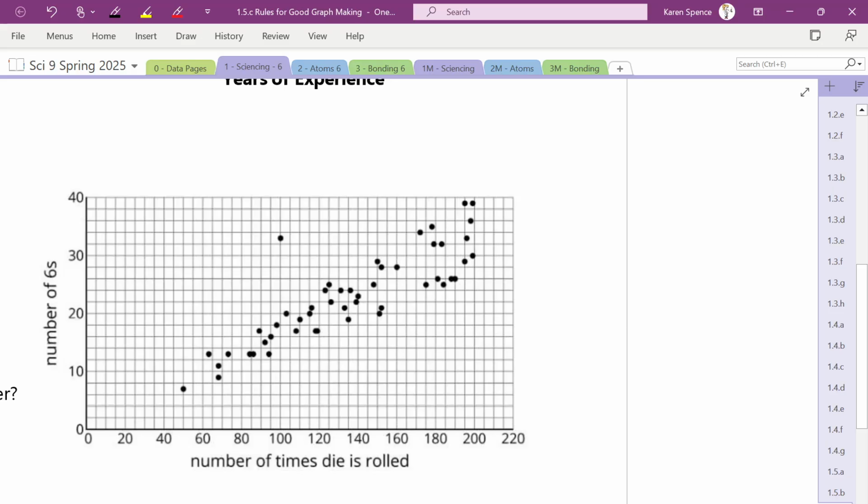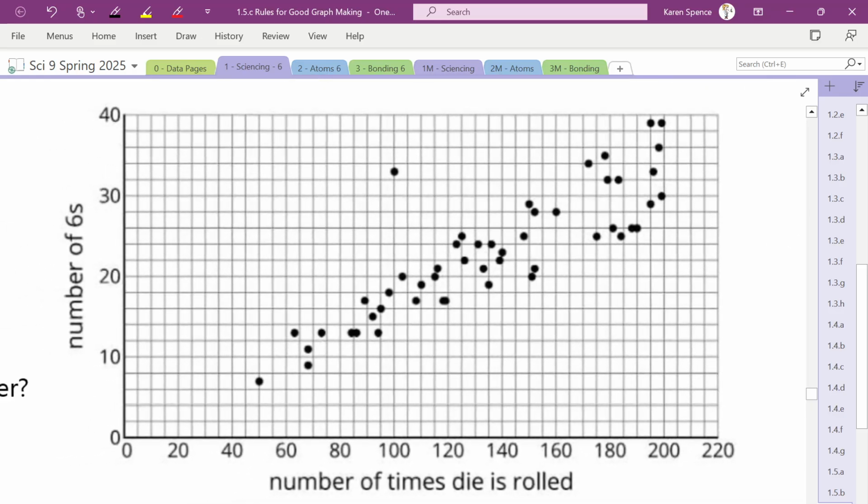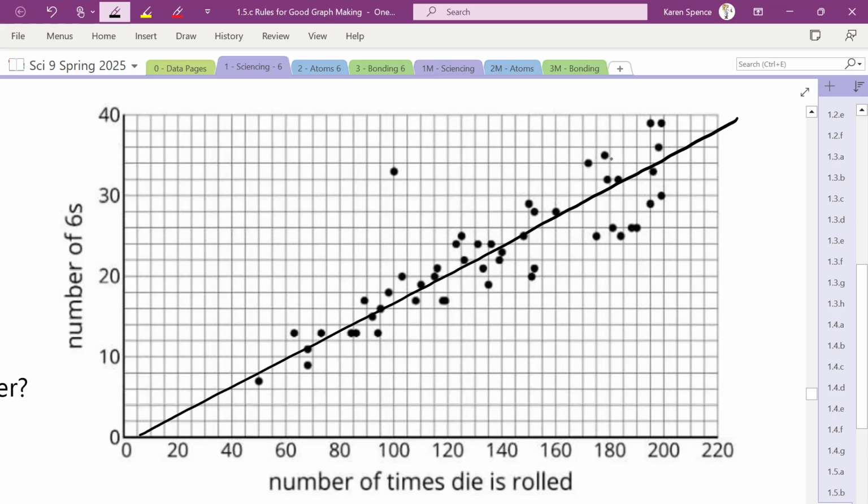Pass along. 1, 2, 3, 4. No, what happened? Oh, it didn't like that. Okay.